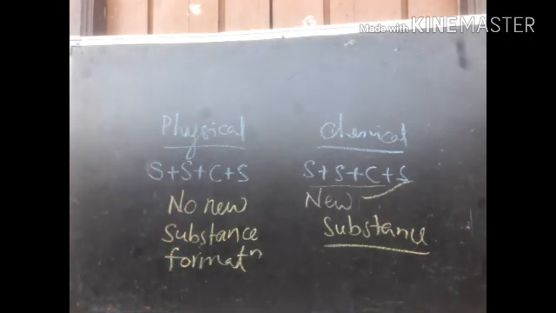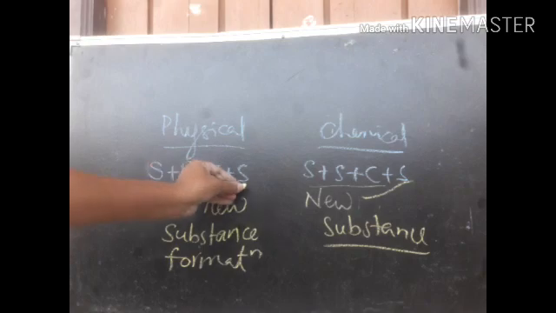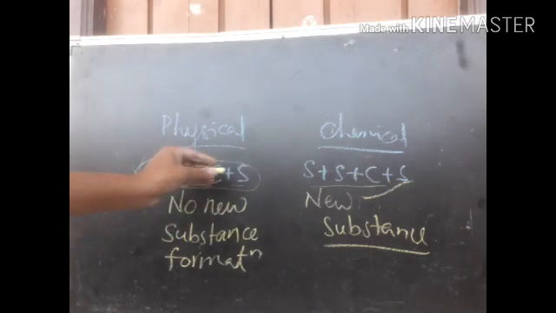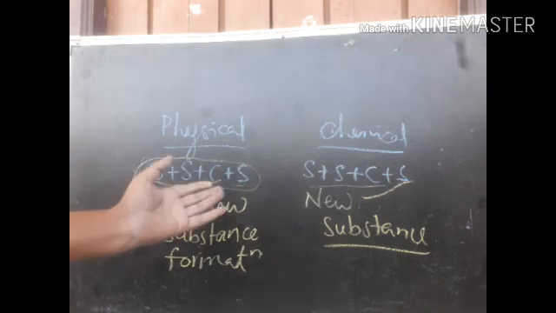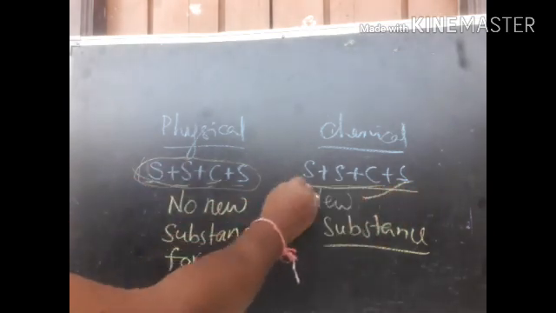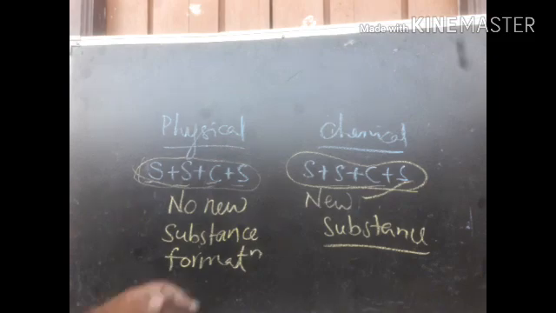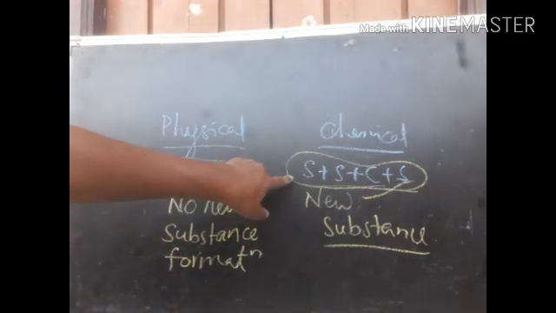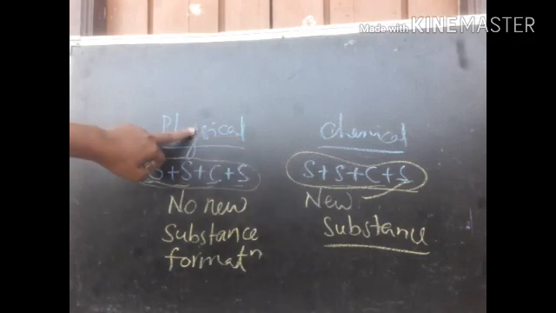Just try to understand the concept. In physical changes, physically they may change in size, shape, color, state, because all these are physical properties. They may change. If only they change, it is called physical change.